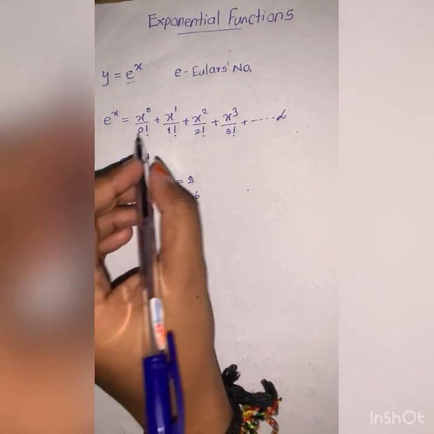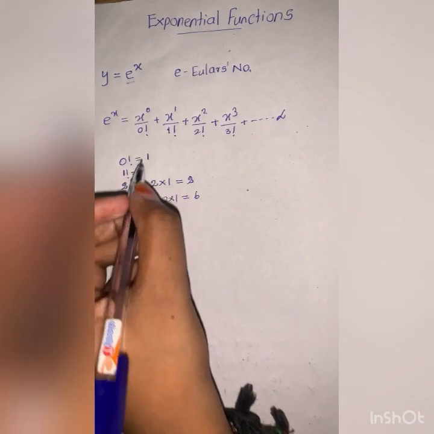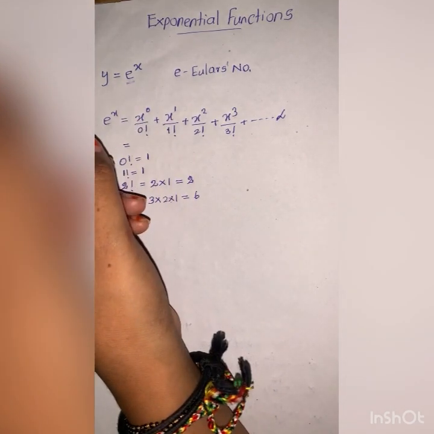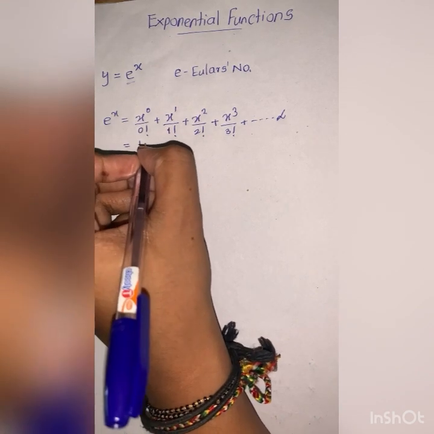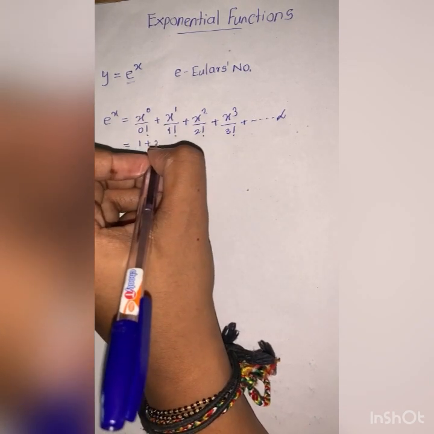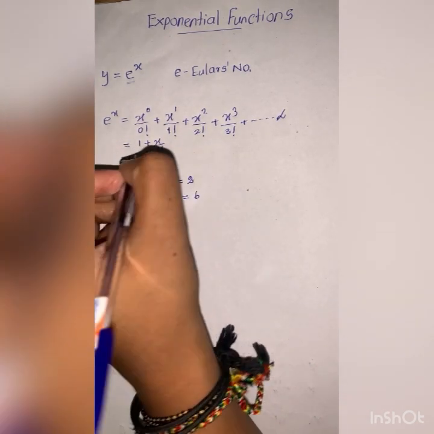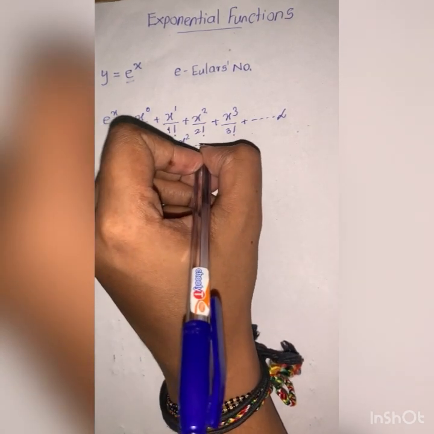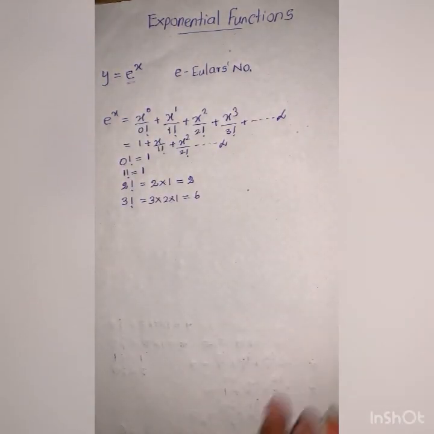So we can rewrite this as 1 plus x over 1 factorial plus x to the power 2 over 2 factorial, likewise.